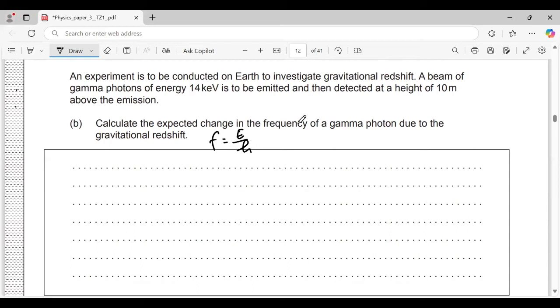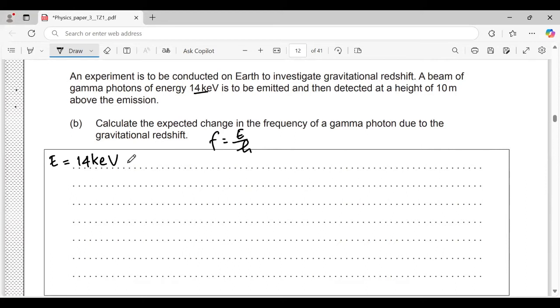This is the frequency; E is photon energy and h is the Planck constant. So I'm going to find the energy first. The photon energy based on this information is 14 kiloelectron volts.